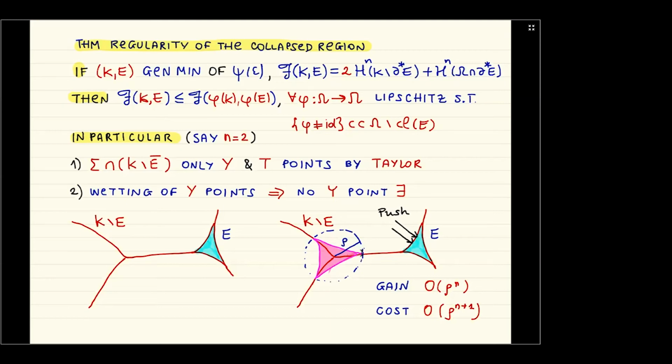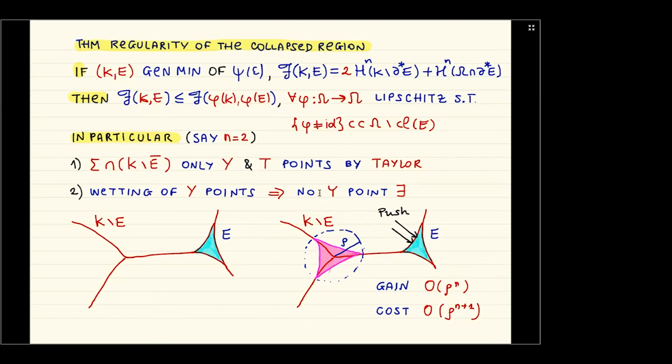This is not a Lipschitz deformation for sure, but at the scale rho, rather than paying for the Y point with multiplicity 2, I just add to E a wetted region around here, and then I restore the volume constraint by pushing somewhere else. By doing this, I gain area of order rho to the n, at a cost to restore the volume of order rho to the n plus 1. So this is a good competitor, and it excludes the existence of Y points.